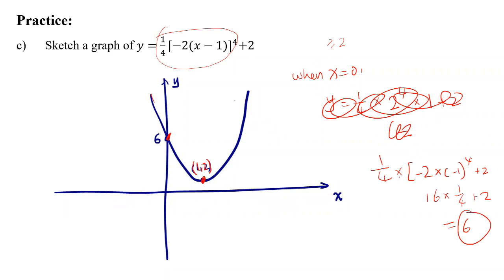So when x is 0, y is 6, right? So the y-intercept is 0, 6. And a sketch of the graph of the new function would look like this.